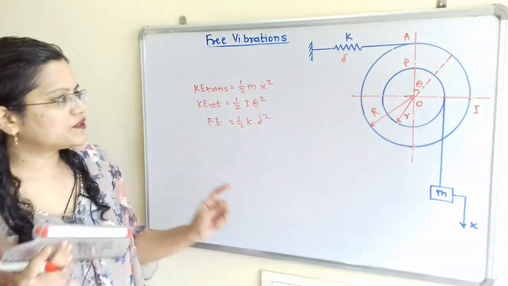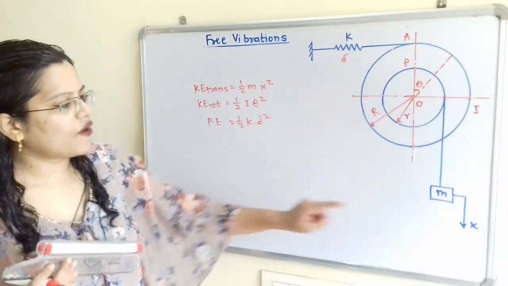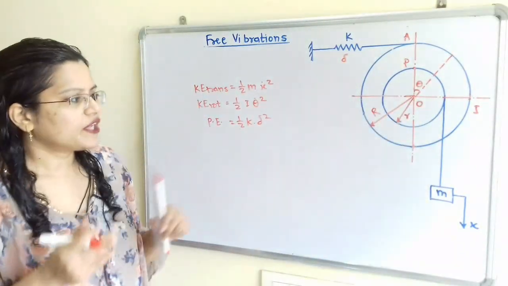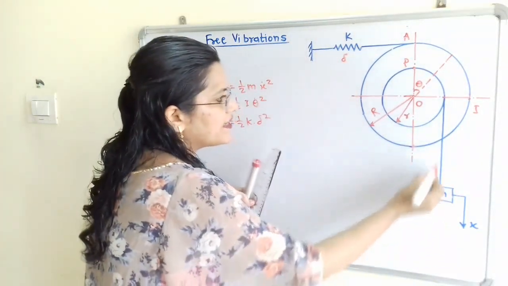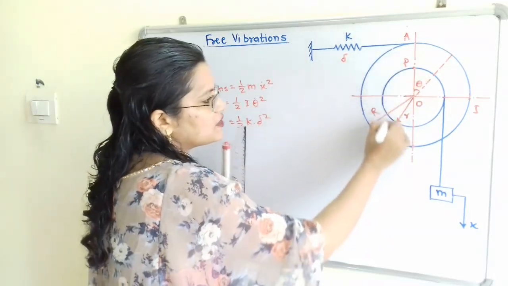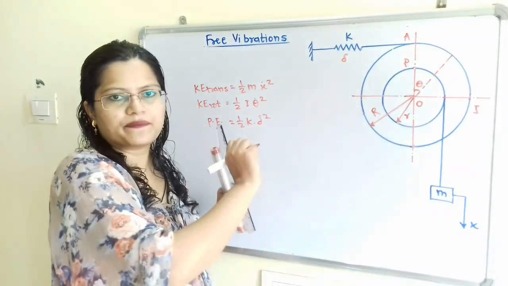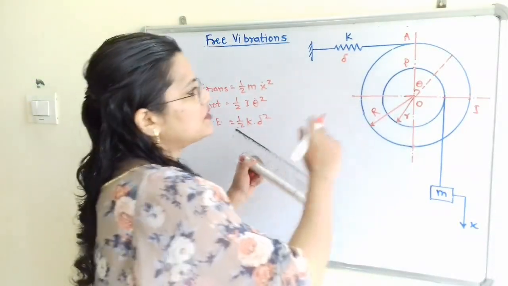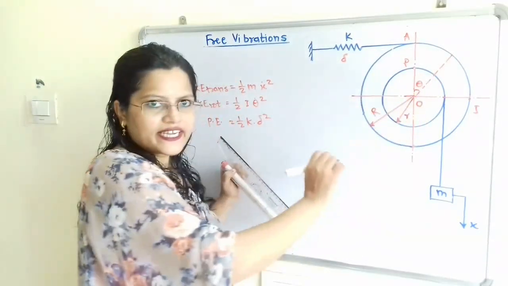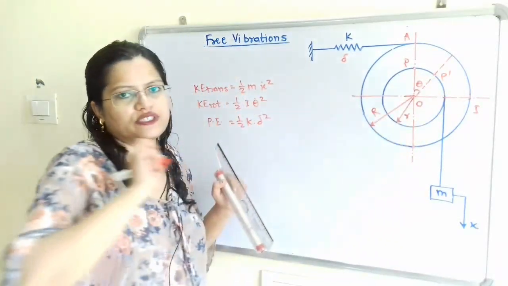Now we will observe the relation between x and theta. How can we find the relation between x and theta? This mass m is connected to the inside disk, or we can say the smaller disk. So we will consider any point, the point P. Suppose this disk is rotated through an angle theta, then here is the new position of the point P, that is P dash.